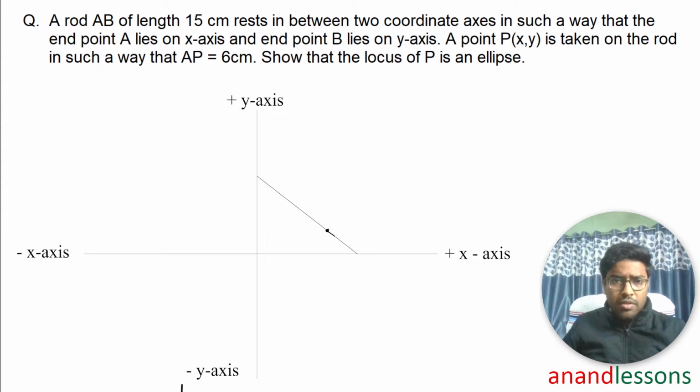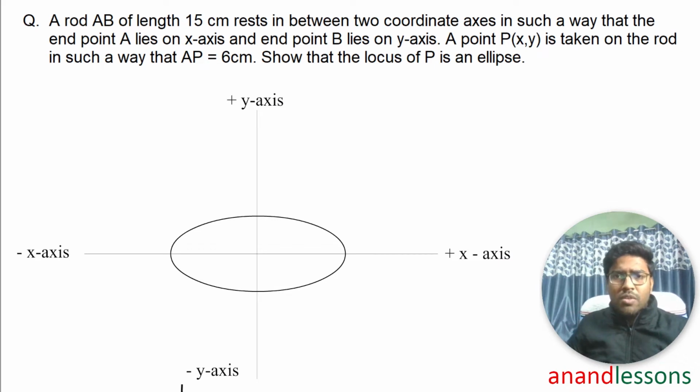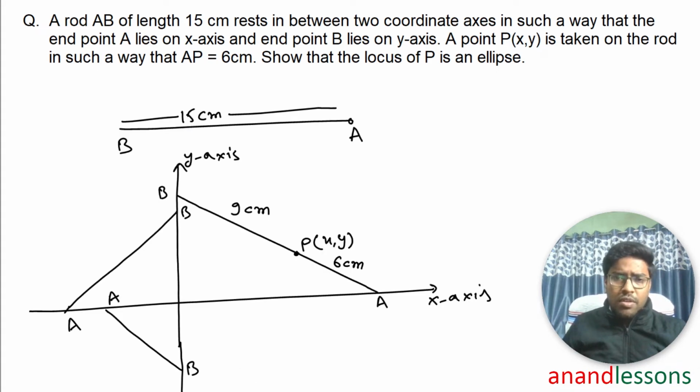So let's play it one more time and see this. Okay, you can see that the locus of P is forming an ellipse. Okay, this is exactly what the question is saying, but in a particular way, that we have a rod length of 15 centimeter and the point P is 6 centimeter apart from point A. So let's go to the question now.